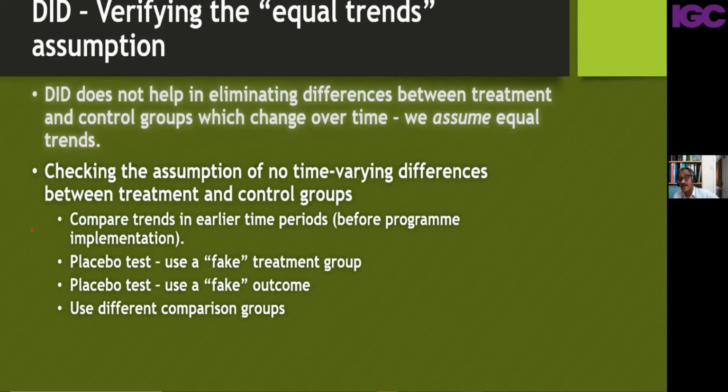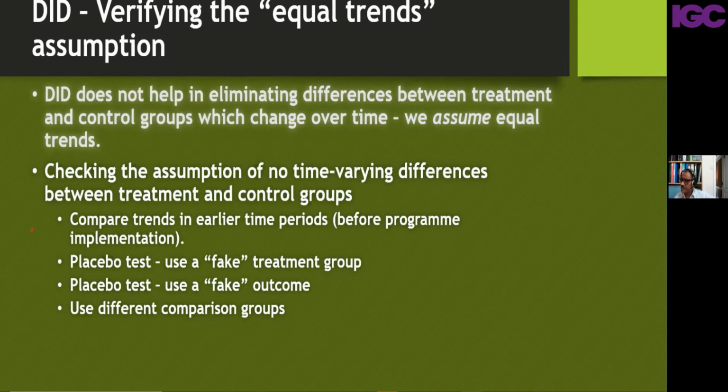So you can check whether the DID estimate of differences between the two groups and the assumption regarding non-varying time differences is valid using a fake treatment or a fake outcome for the groups. Or sometimes you can simply use different comparison groups and see whether you get a difference in estimates.